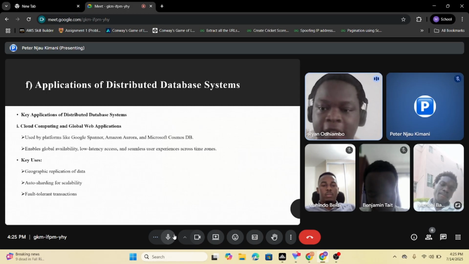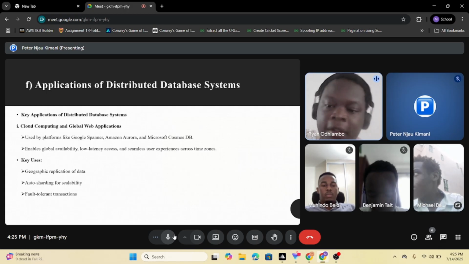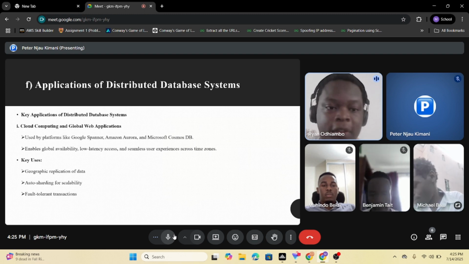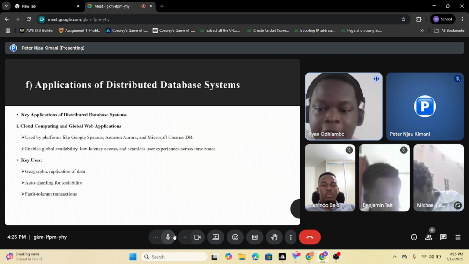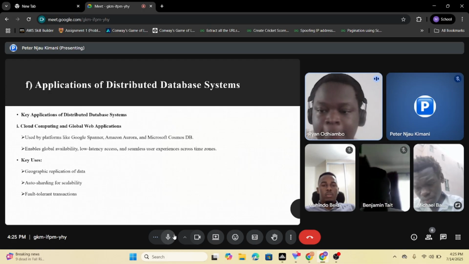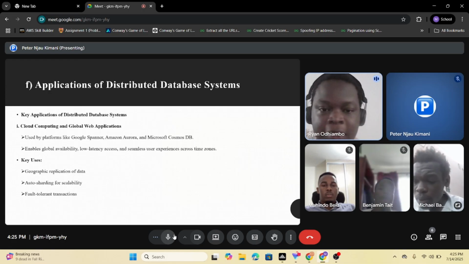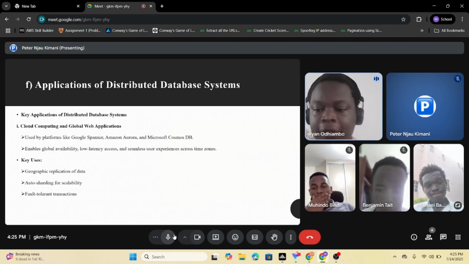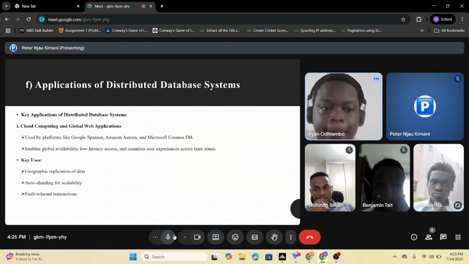So why are they used? They serve global users with low latency. They also support scalable storage and computing power, and they enable 24/7 availability across time zones.